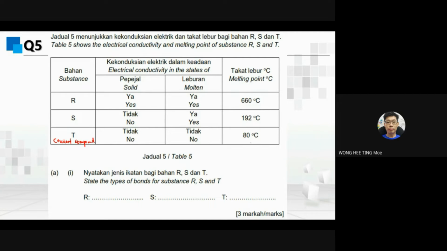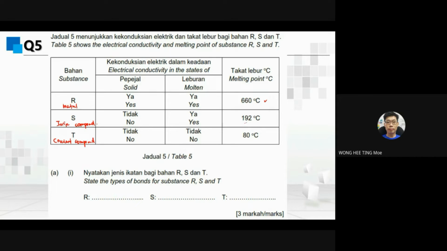Now which one is the ionic compound? R is the metal. Yes, this one is metal. That's why I mentioned just now that metals have the strongest metallic bond, so they always have the highest melting point.